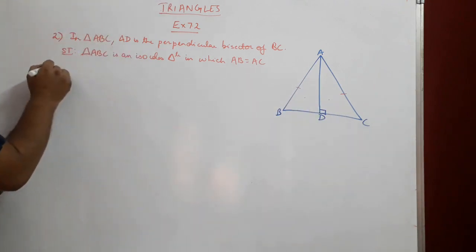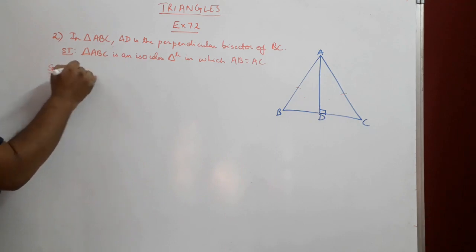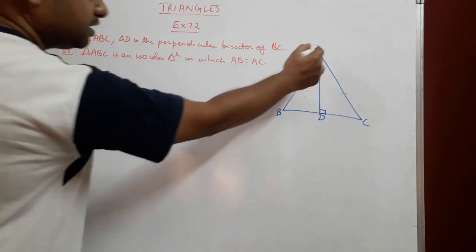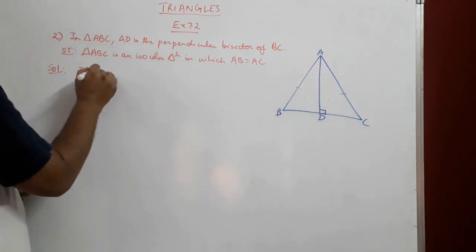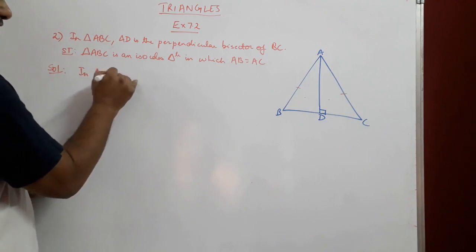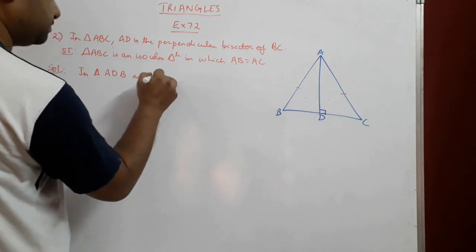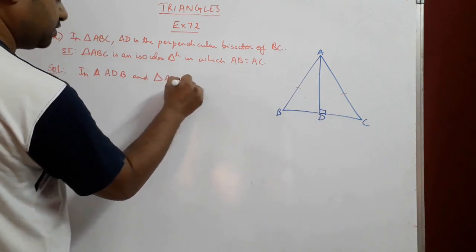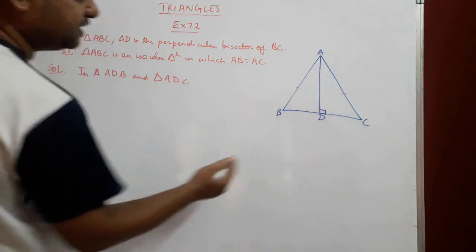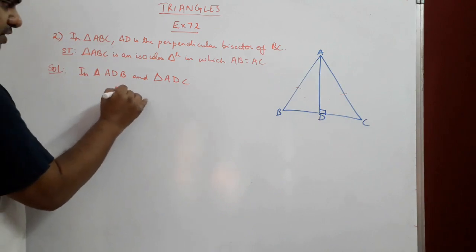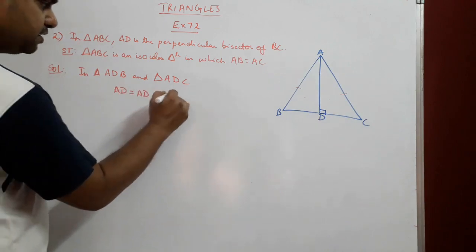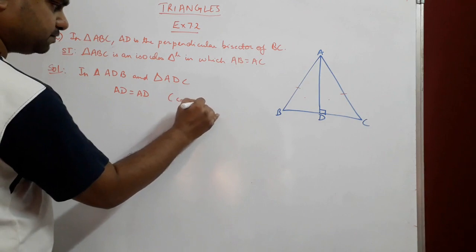That is, let us put down the triangles. We will say in triangle ADB and triangle ADC, what do we see? We see that the side AD is common to both of them. So we write AD is equal to AD, which is a common side.